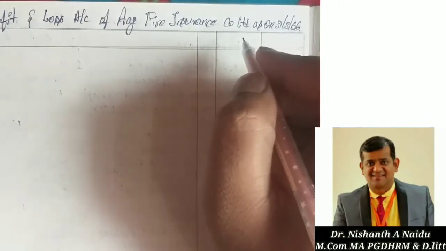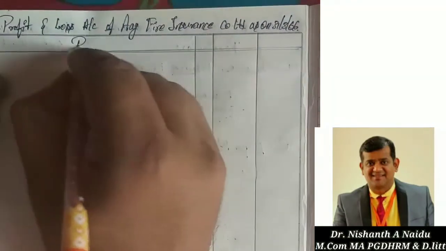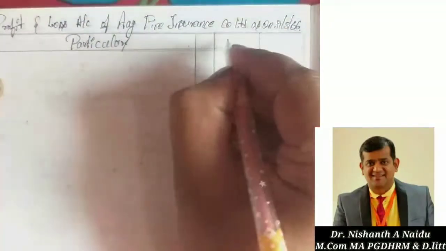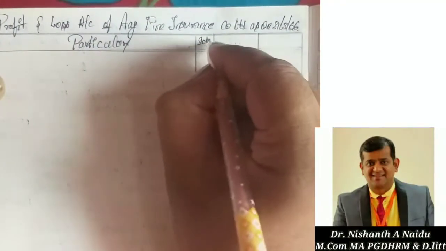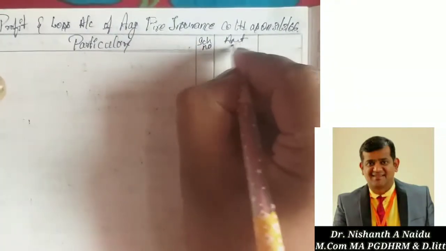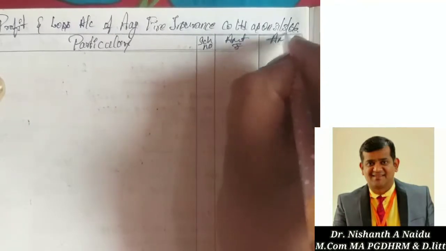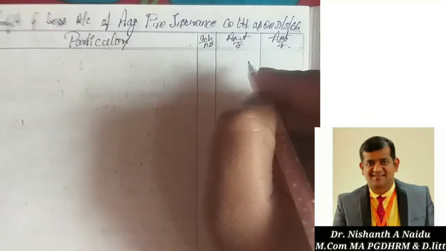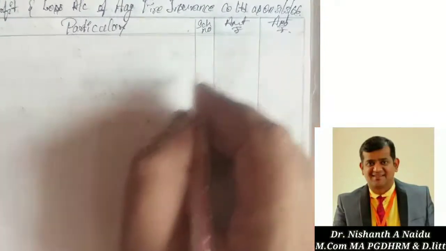So write down the heading, that is particulars. Schedule number we don't write here. Then we have amount rupees, amount rupees. Okay, so shall we start?